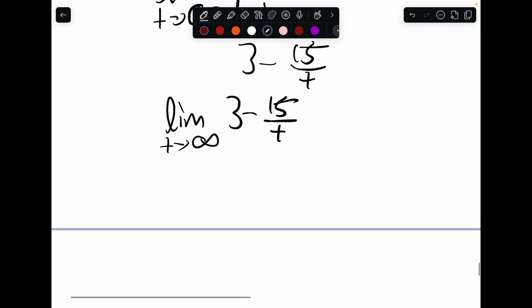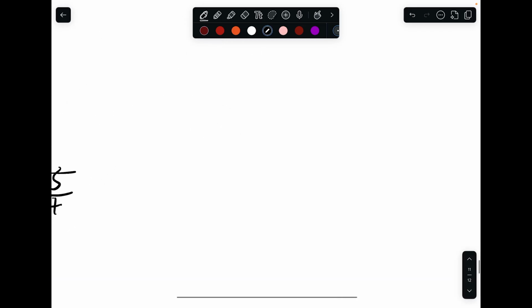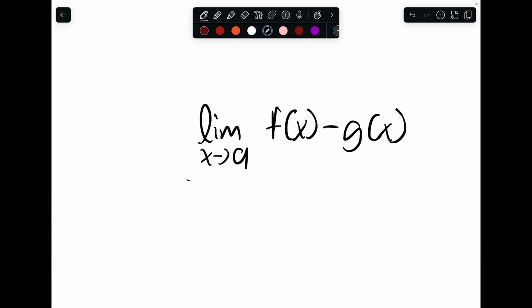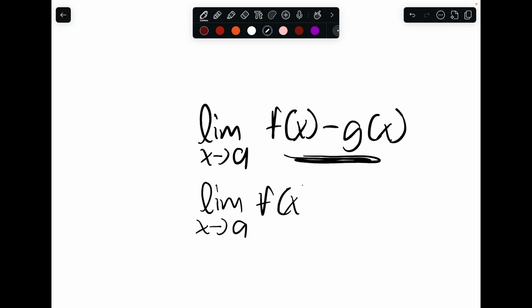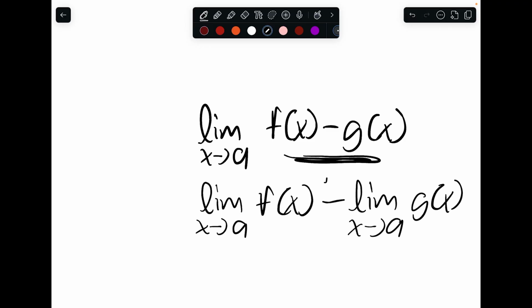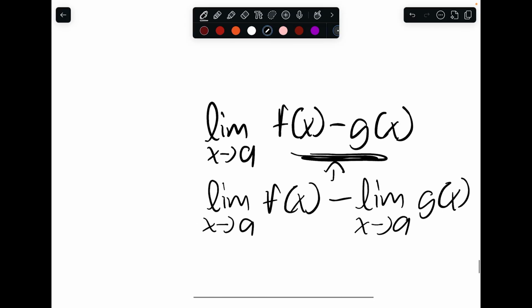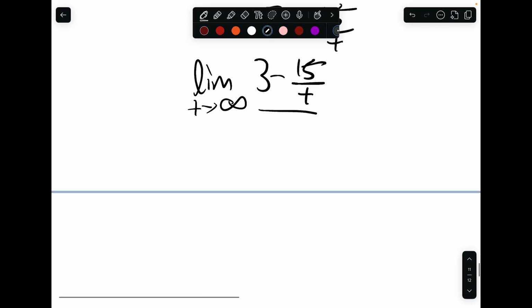Now, a quick reminder that for limits, if you have something like this where you're subtracting two things, you can write that as two individual limits: the limit as x approaches a of f of x minus the limit as x approaches a of g of x. That would equal this big limit here. So let's do that in this example. We have two functions here.